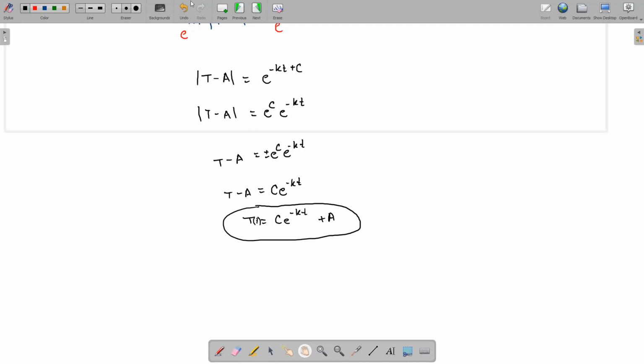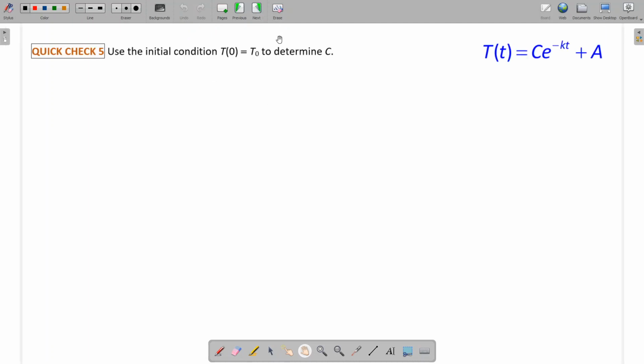Okay, I think the quick check after this is saying, if this was our solution, what is the c value if we set the initial temperature to be T naught? So let's just solve that. T of 0, plugging into this, would be c e to the 0 plus a, but we're saying let T of 0 be T naught, meaning the initial temperature.